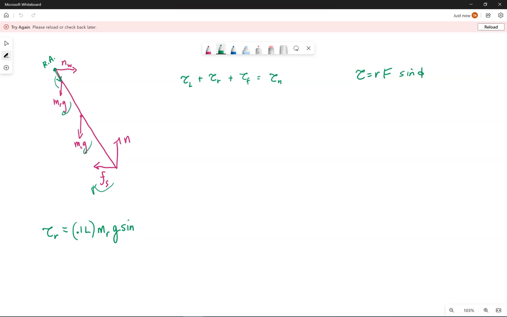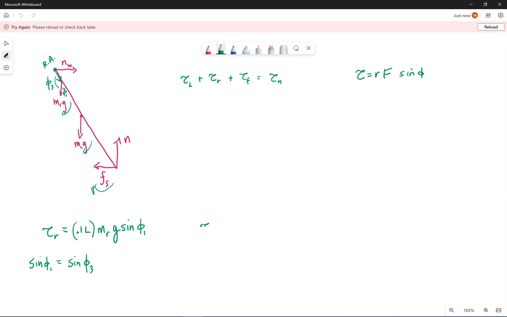Now, the sine of this bigger angle gives us the same answer as the sine of the angle between them. So phi 1 that I drew before, if I call this phi 3, for example, the sine of phi 1, the 16.26, gives me the same answer as the sine of phi 3, 180 minus phi 1. So whether we use the angle phi 3 or phi 1, it works just fine.